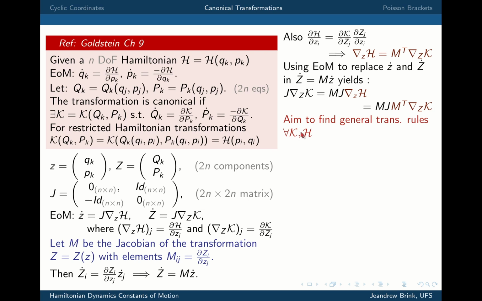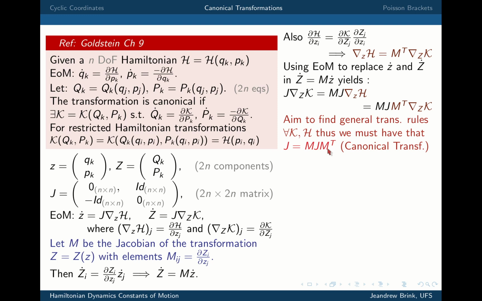Okay, and so clearly if K is arbitrary, the gradient of K with respect to z is also arbitrary, so the criterion we need to actually have the restricted generalized canonical transformation is simply that J must be equal to M J M transpose.